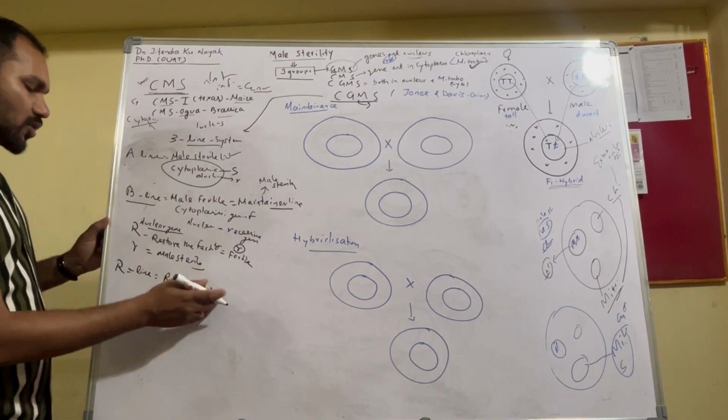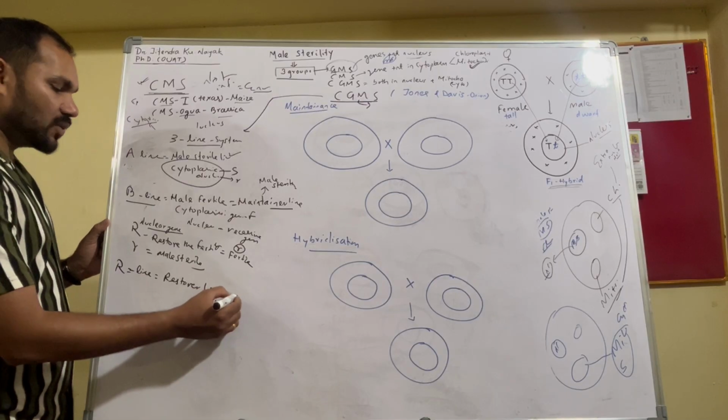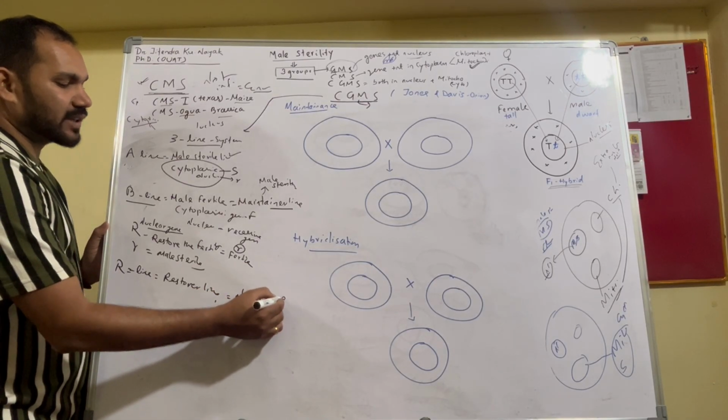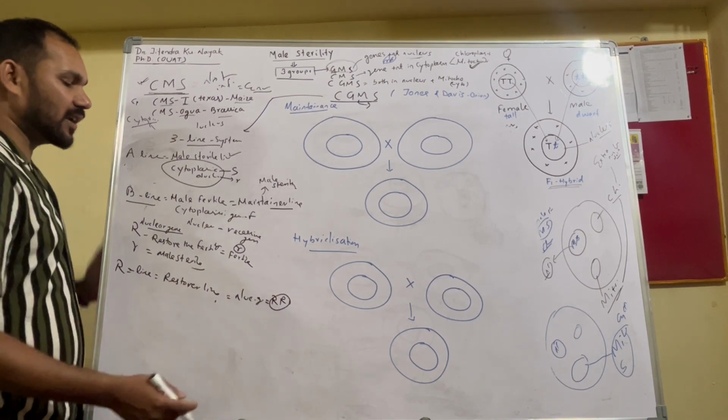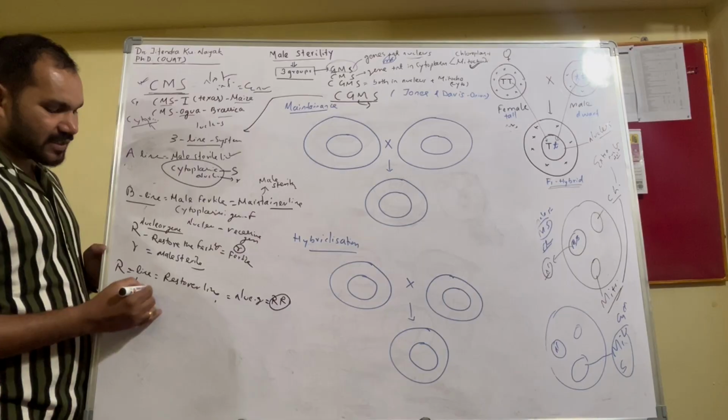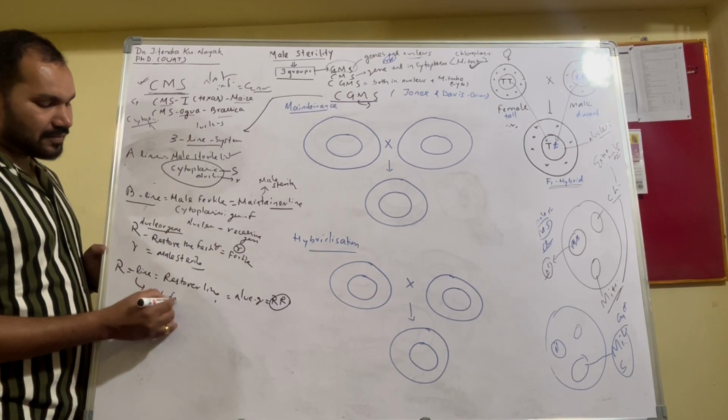The R line is the restorer line, where the nuclear gene is capital R, that is homozygous dominant. That means the R line is male fertile.